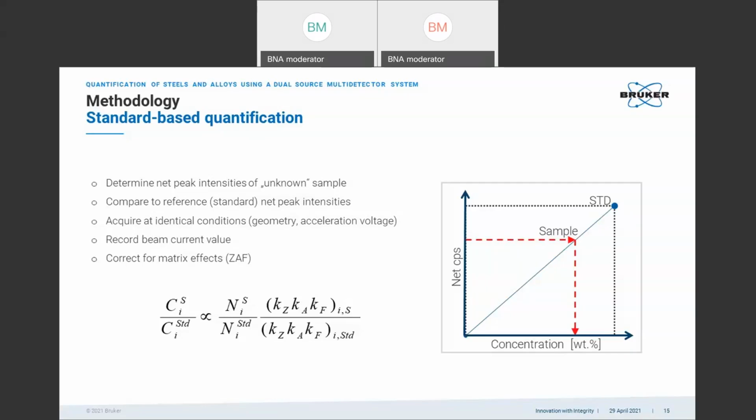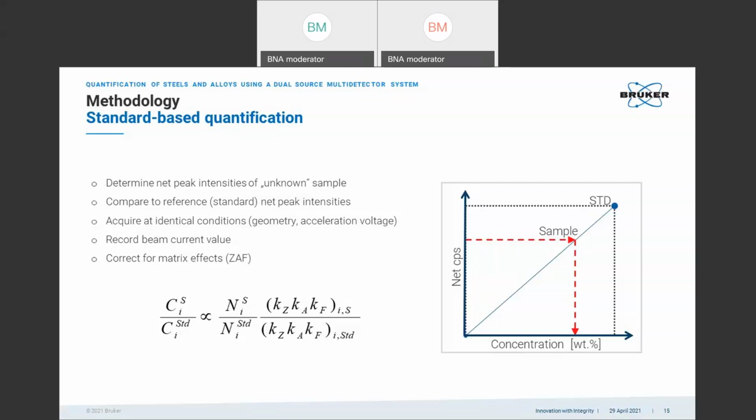So same conditions means we need the same geometry, and we need the same acceleration voltage. And the third parameter that we have to record, it could be different between sample and standard, but we have to record because it's a factor that has a great effect on the net intensity. That is the beam current value.